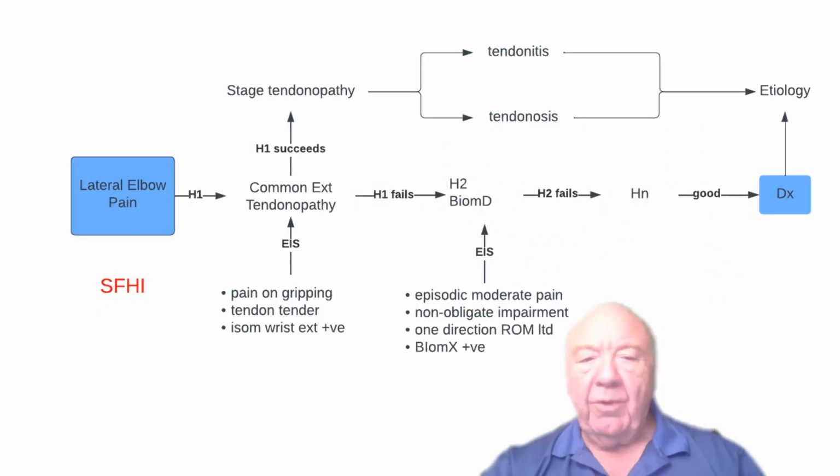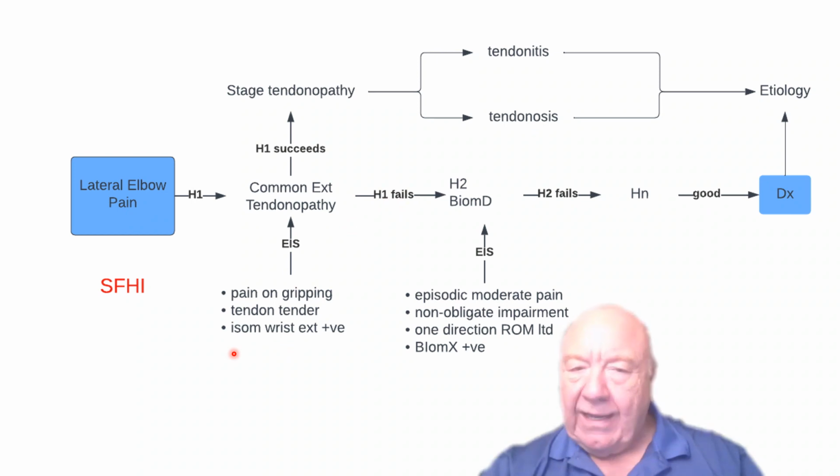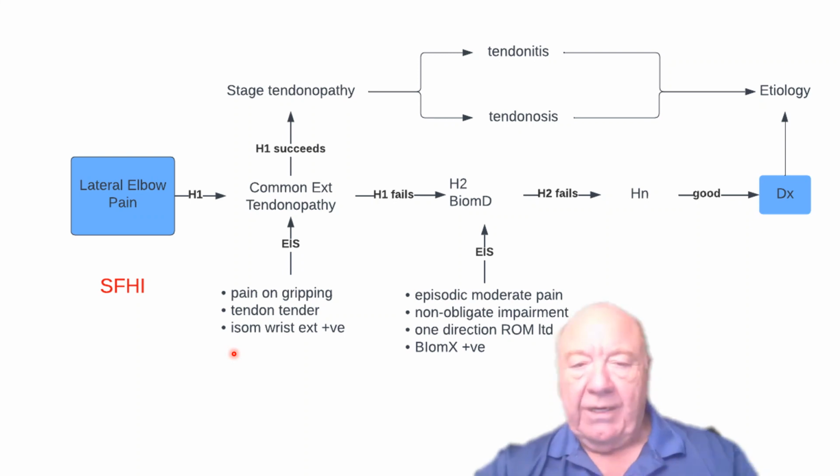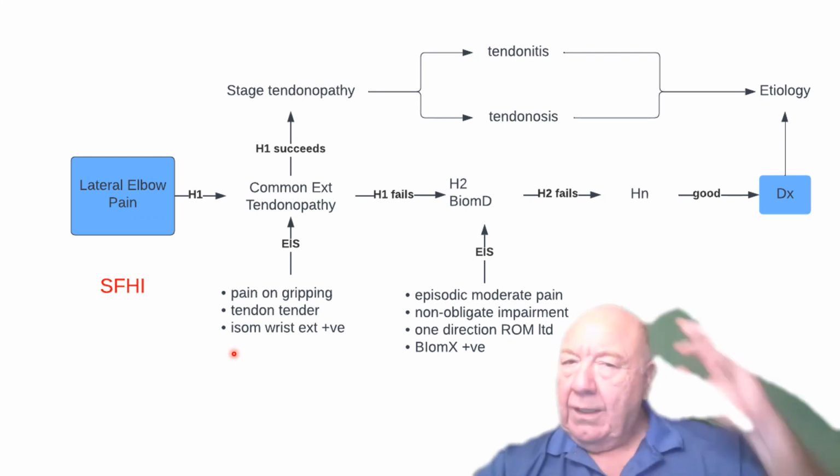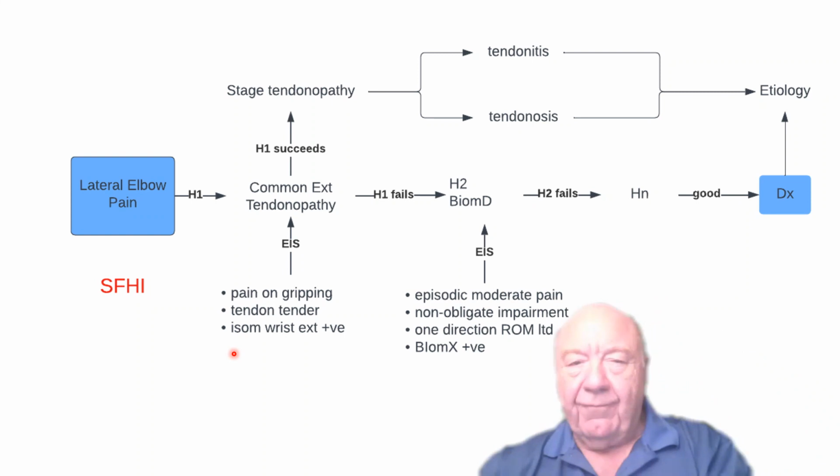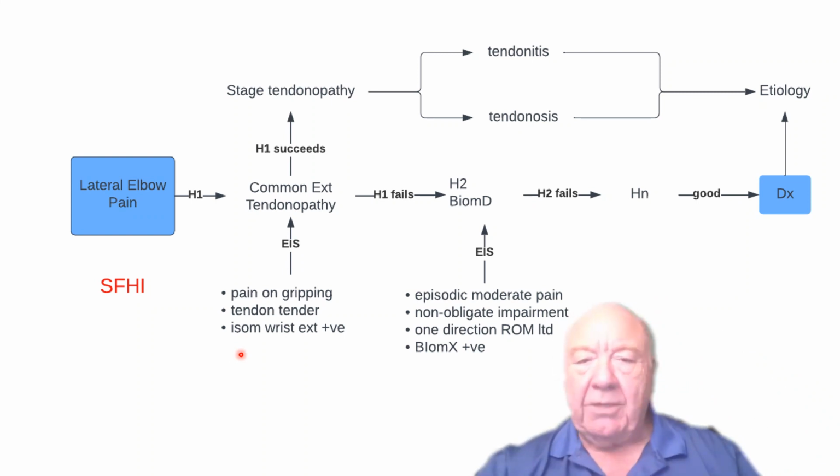All right, we've generated our first hypothesis, H1, right there. And we'll say it's common extensor tendinopathy. So we attack that hypothesis either with the essential illness script or any other method you want to use. But if you're going through the hypothetico-deductive inference, I'd suggest using the essential illness script. It's going to be much quicker, much easier. So we're looking for pain on gripping.